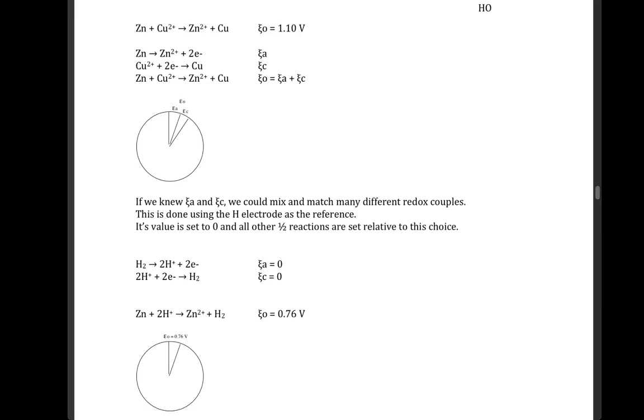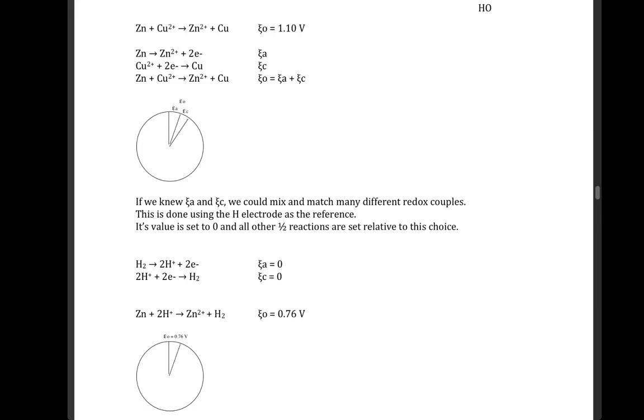In that diagram, we see, if we have an analog kind of meter, we have a certain potential for the anode to occur, a certain potential for the cathode to occur, and the overall potential would be the sum of the two. If we knew E_A and E_C, we could mix and match many different redox couples.